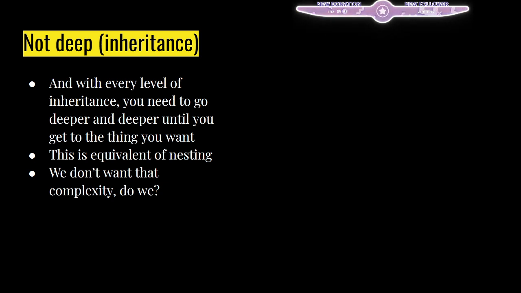So it's hard to navigate code that is deep, and the equivalent of this is nesting. So just like we don't want nested if statements, nested loops, we don't want nested inheritance, deep inheritance as well. It's complexity that should be avoided. So one level deep inheritance is okay. More than that is something that you should avoid.